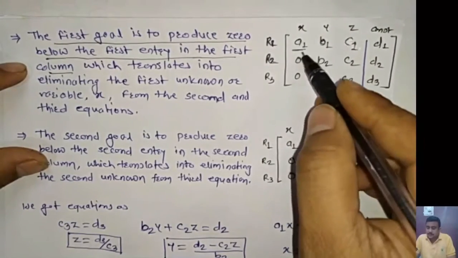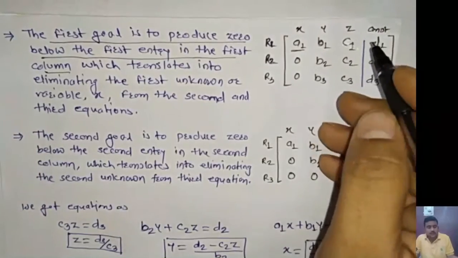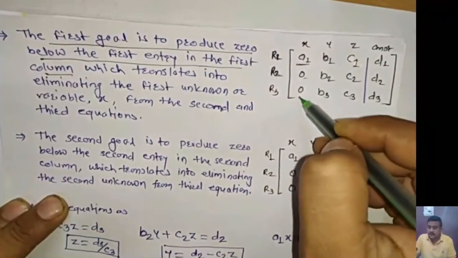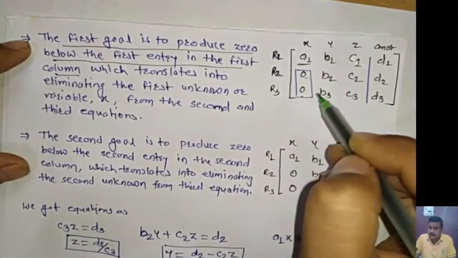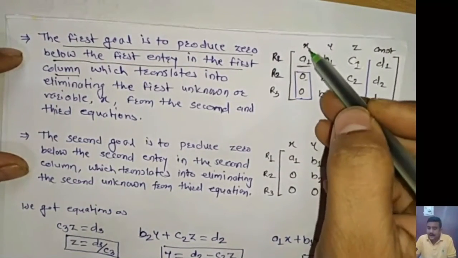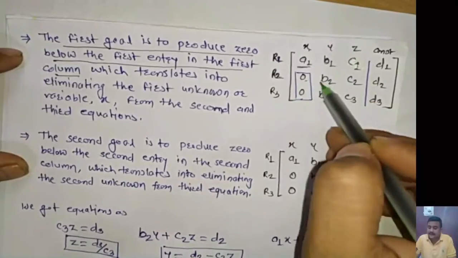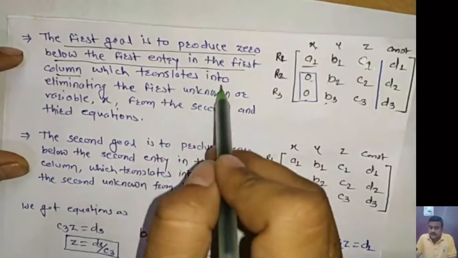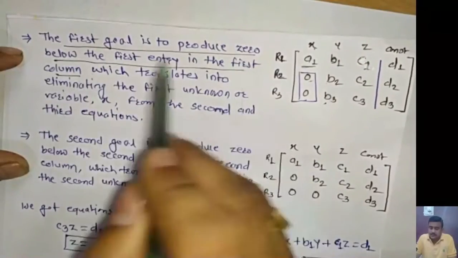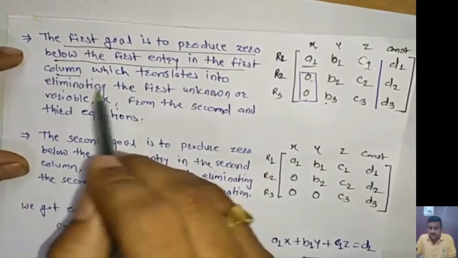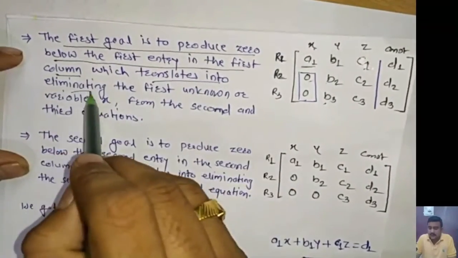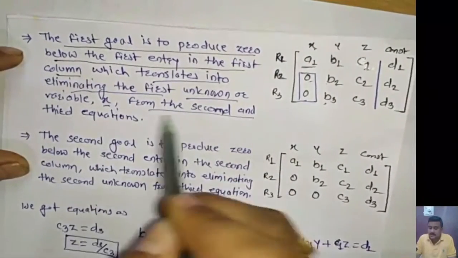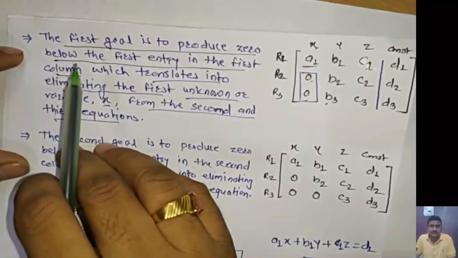So below a1 we are going to produce zeros in row 2 and row 3. This translates into eliminating the first unknown x from the second and third equations.